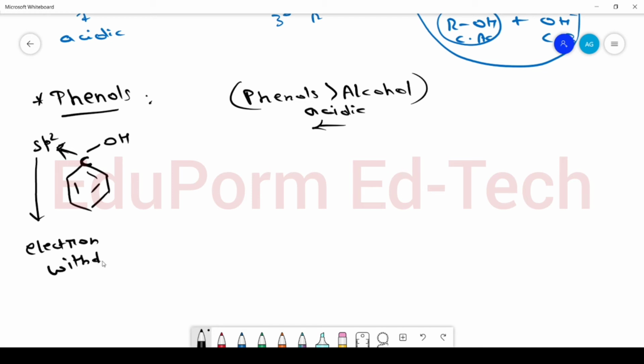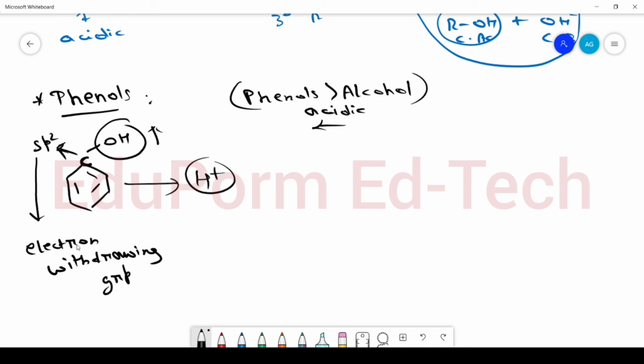It withdraws the electrons. As it acts as an electron withdrawing group, the polarity of the OH bond increases, and because of that phenols easily release protons, so they are stronger acids.